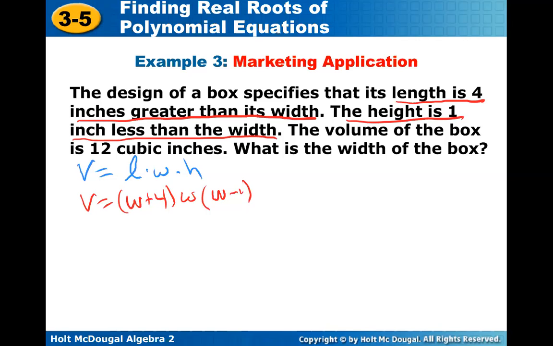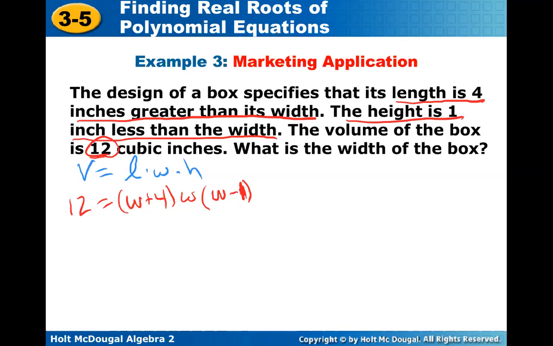And they also told us that the volume is 12. The volume of the box is 12 cubic inches. Well, that's going to help us figure out what the width is. We're going to have to figure out what the width is.